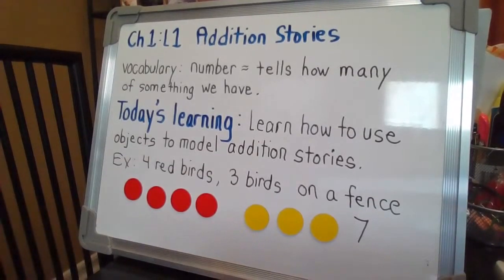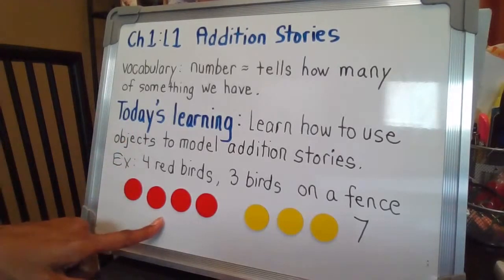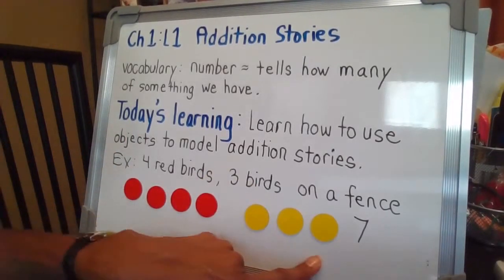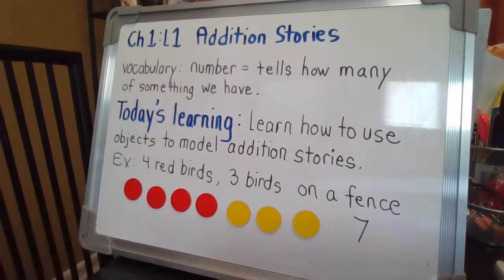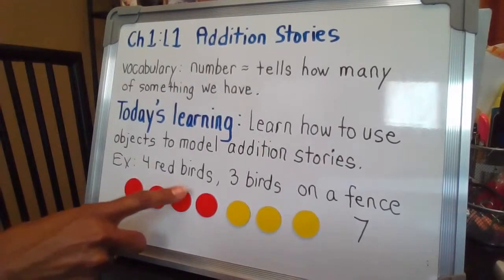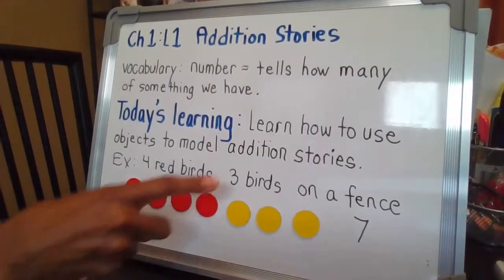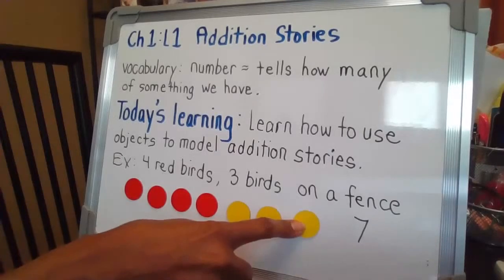Now, in order to find out how many birds are sitting on a fence in all, I want to join the 2 groups. So here's my first group and here's my second group. Now I'm going to join them together so I can count how many there are in all. 1, 2, 3, 4, 5, 6, 7.